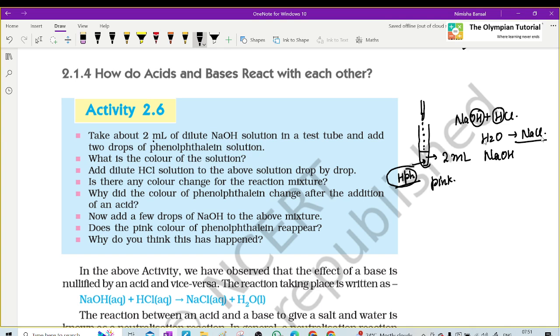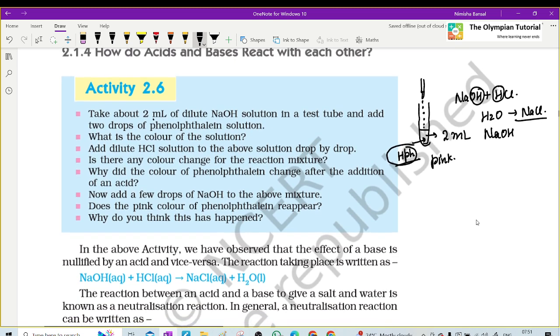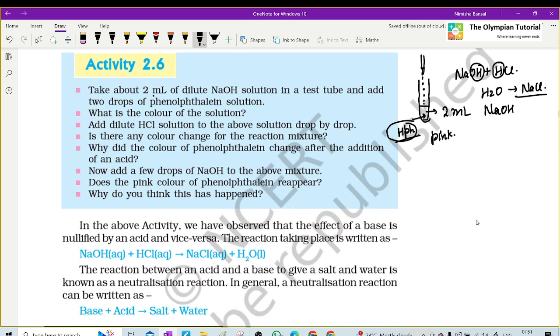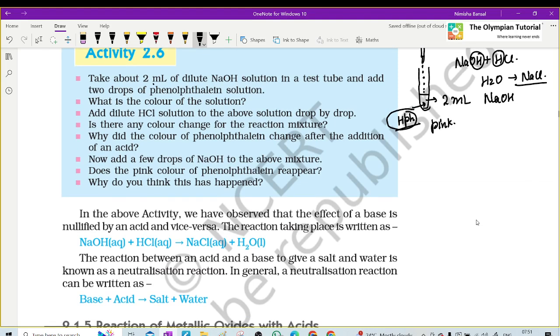Read it. Take about 2 milliliters of dilute sodium hydroxide solution in a test tube and add 2 drops of phenolphthalein solution. What is the color of the solution? Add dilute HCl solution to the above solution drop by drop. Is there any color change for the reaction mixture?